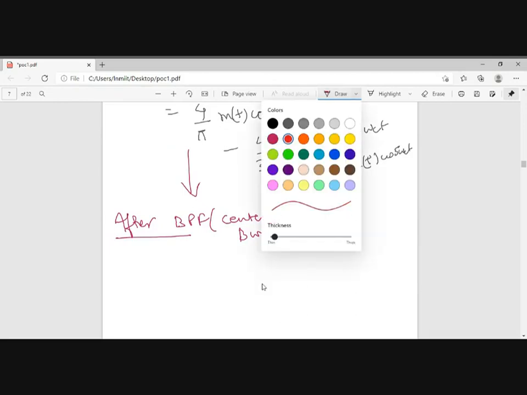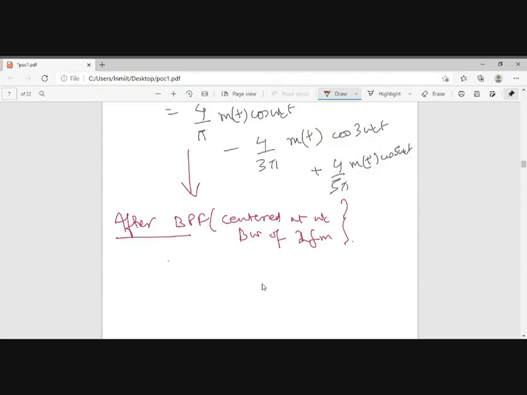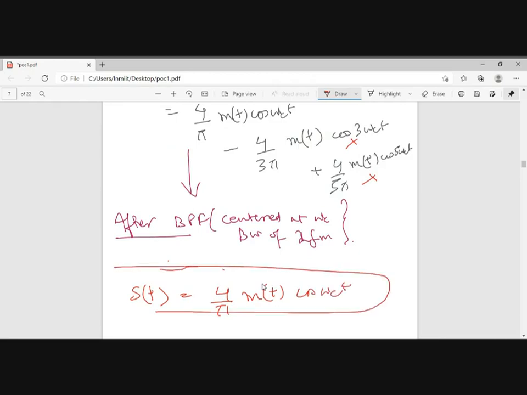Which component will be left? Only the first component will pass. So what will be left is 4 by pi times m(t) cos of omega ct. Is this a DSB-SC signal? Yes, this is a DSB-SC signal.